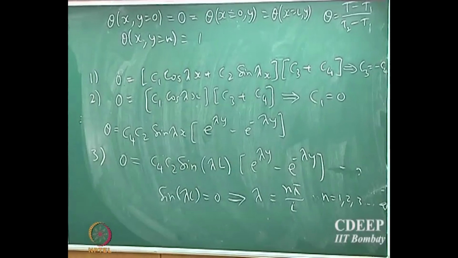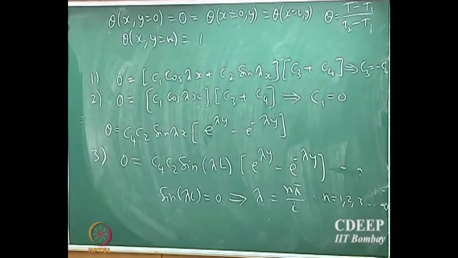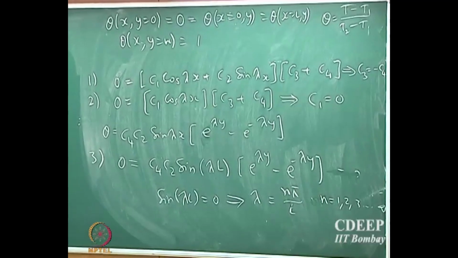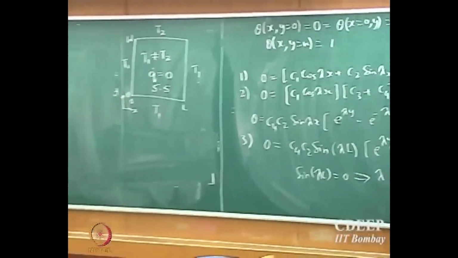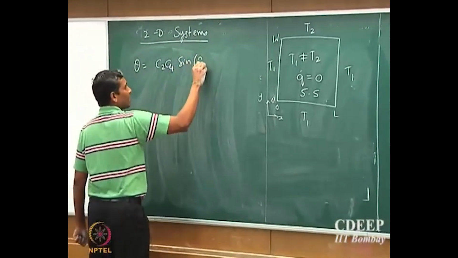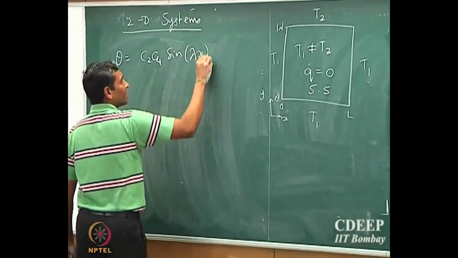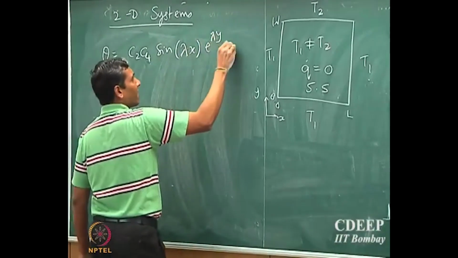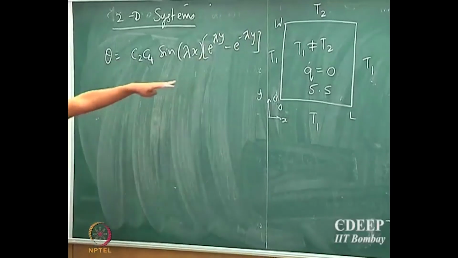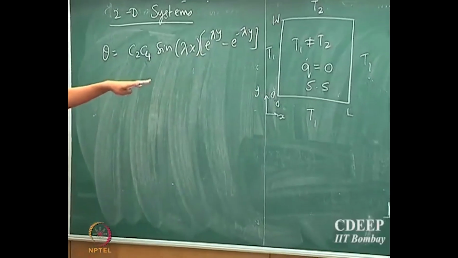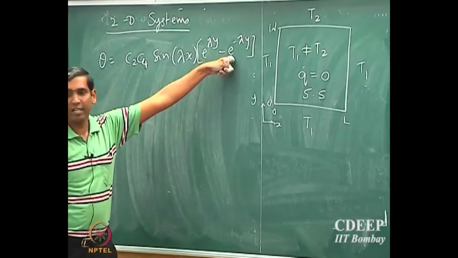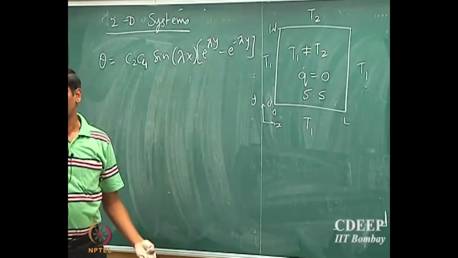Okay. So now comes the fourth boundary condition. So theta equals C2 C4 into sin lambda x into e power lambda y minus e power minus lambda y. So I can now replace this with sine hyperbolic. Sine hyperbolic is just e power lambda y minus e power minus lambda y divided by 2.